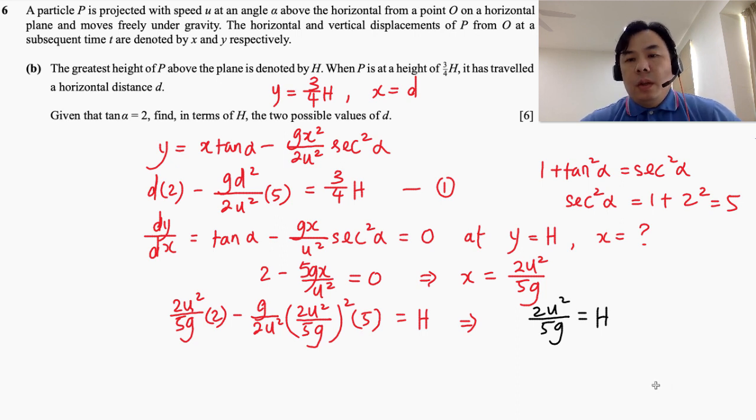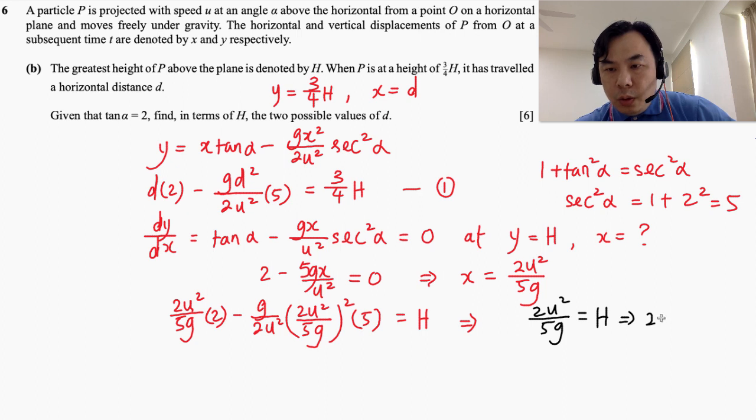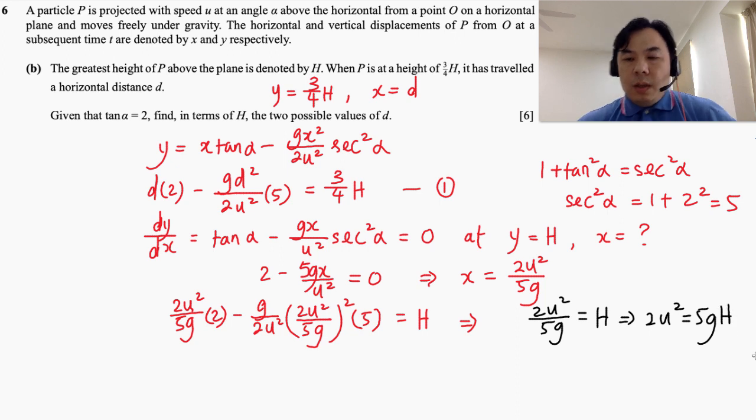Or you can write it as 2u square equals 5gh. The main reason I write 2u square is because from equation 1 I have a 2u square, so all I need to do is substitute everything into this.